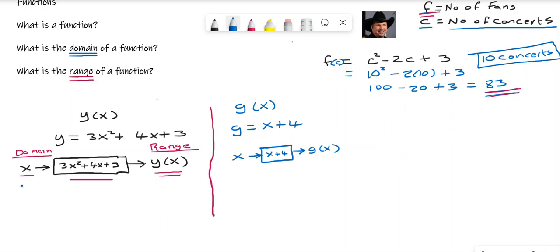be equal to 3, okay, so x is equal to 3. So what's going to be done to this value of 3? Well, we're going to go 3 times (3) squared plus 4 times 3 plus 3.